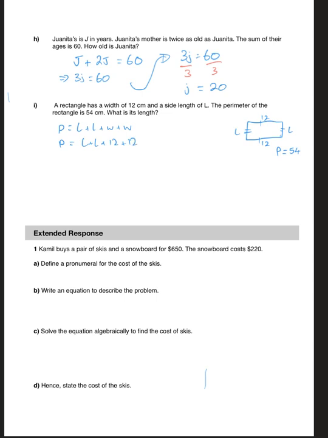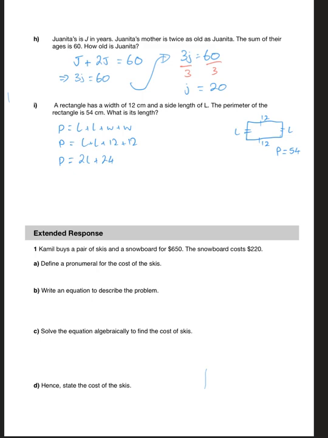That's the 2 widths that we have, just substituting those into our equation. Can we simplify this a little bit further? Yes, we can. Okay, so the perimeter is equal to, if we've got length plus length, that's the same as 2L, and we've got a plus 12 and a plus 12, so of course that is simply plus 24. So we're getting closer to an equation that makes sense.